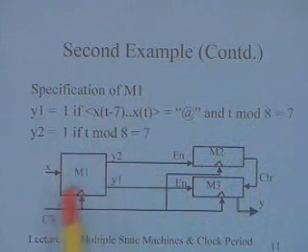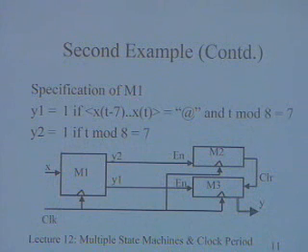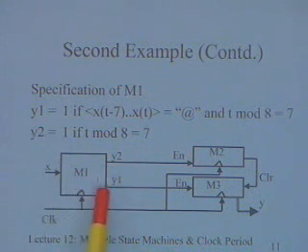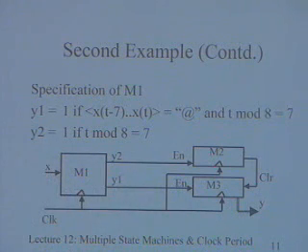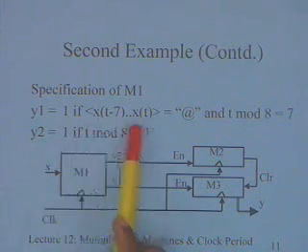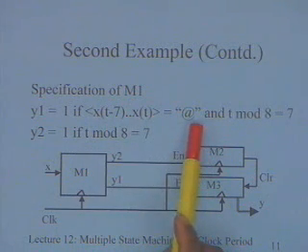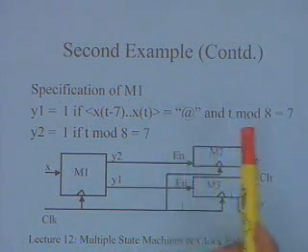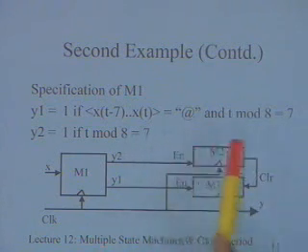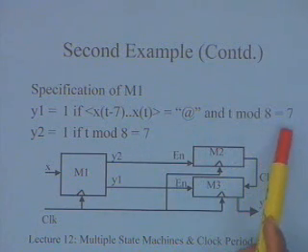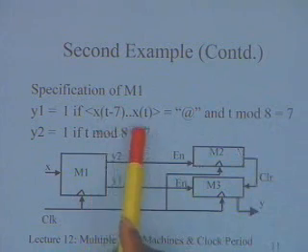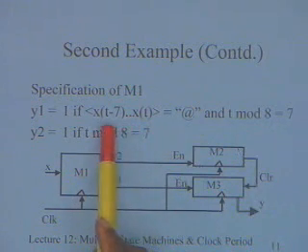So what is the specification of M1? Now I have 3 machines, M1, M2 and M3. Specification for M1 is that I am generating 2 outputs, Y1 and Y2. Y1 is 1 if the last 8 bits that I have received are the bits corresponding to the add character, and T mod 8 is equal to 7, that is, I am at the last bit, looking at xt, xt minus 1, up to xt minus 7.